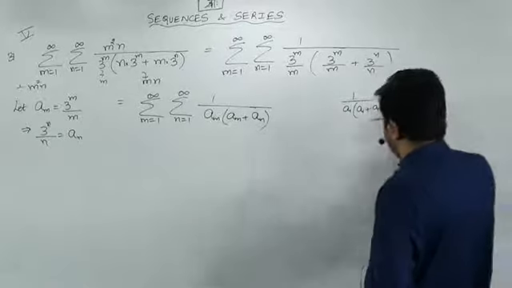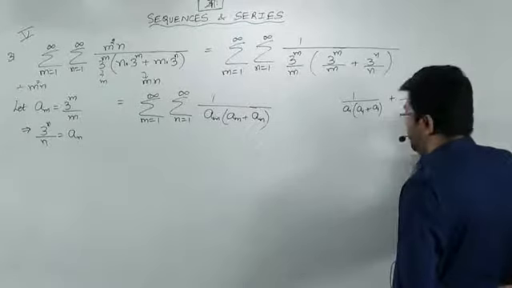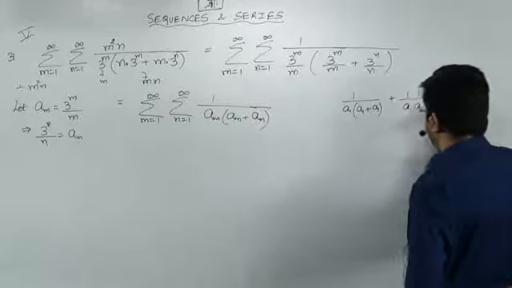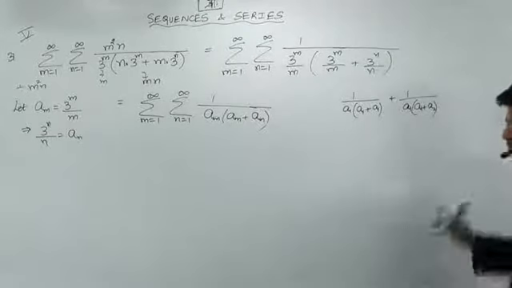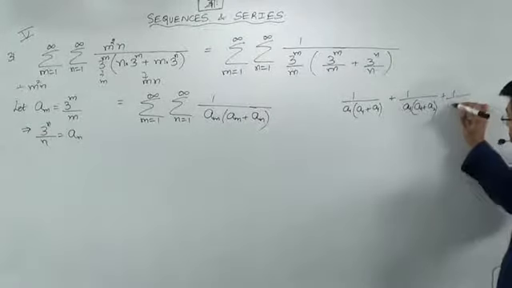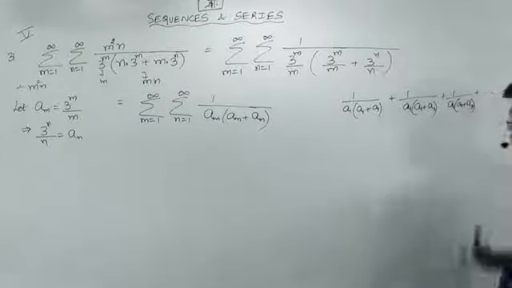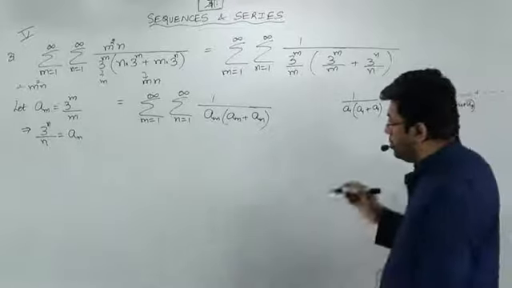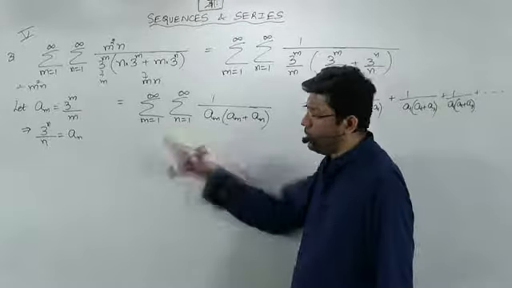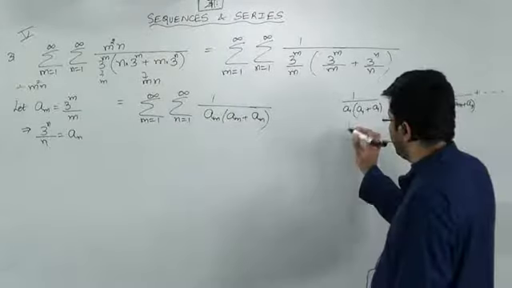Then m is still 1, but n will change to 2, and so on. Next iteration m becomes 2.